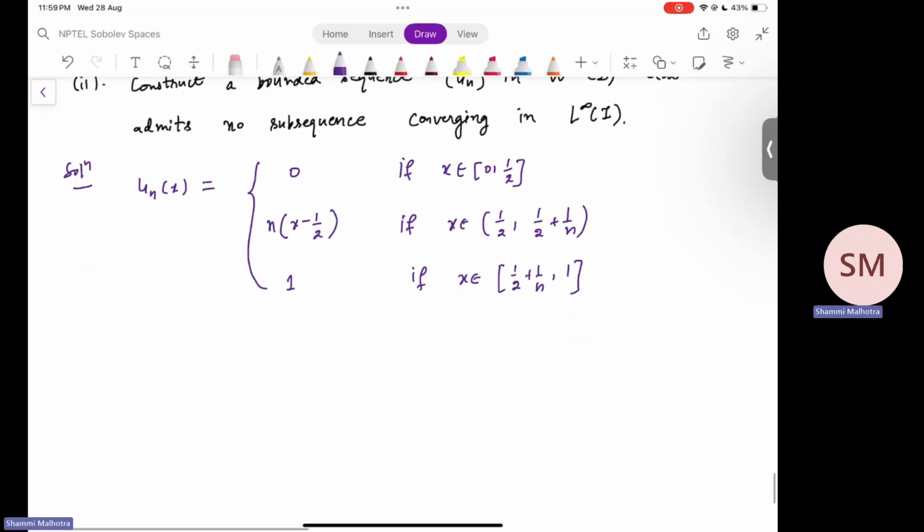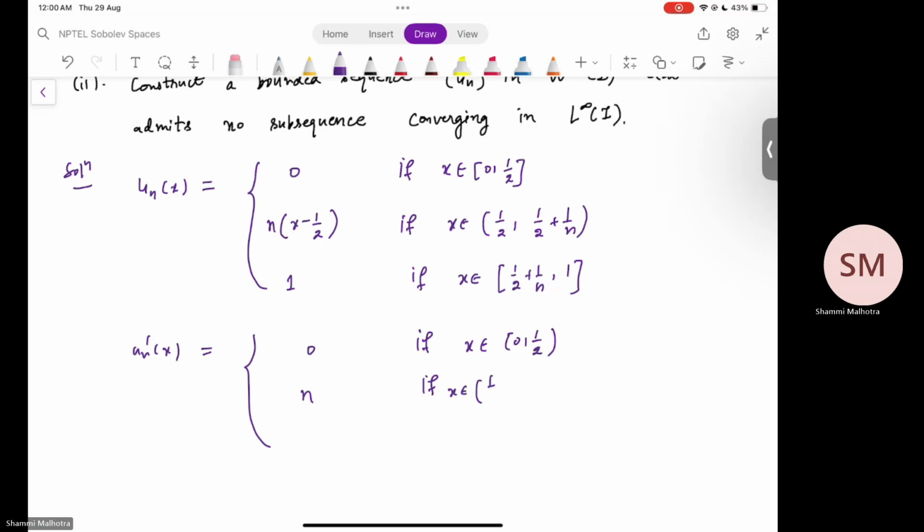So one can check the weak derivative u_n'(x) is equal to 0 if x lies between 0 and 1/2, n if x lies between 1/2 and 1/2 plus 1/n, and 0 again if x belongs to (1/2 plus 1/n, 1).